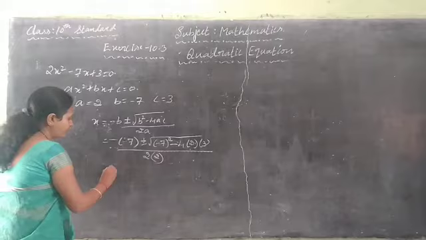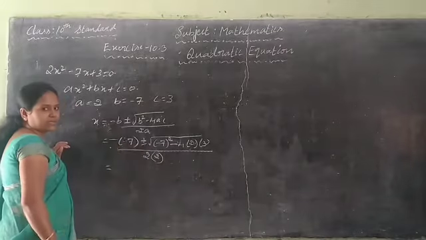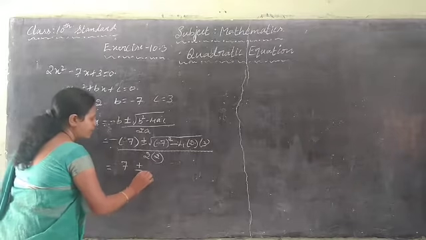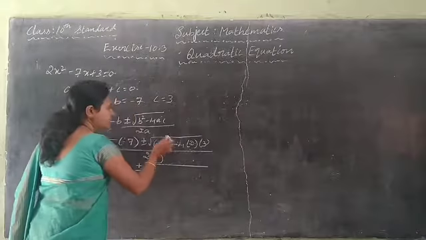Now see carefully. Minus into minus will become plus 7 plus or minus square root of minus 7 whole square.